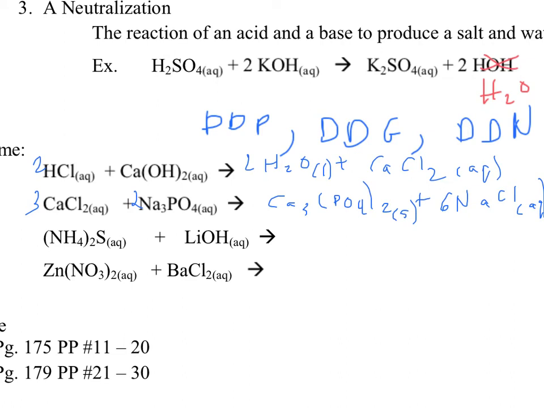When ammonium sulfate and lithium hydroxide are reacted together, ammonium hydroxide and lithium sulfate are made. Now both of these have an aqueous state.